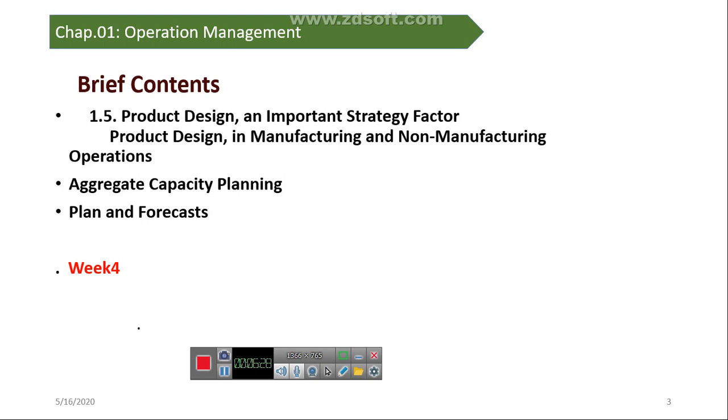Design for environment. Measure design quality. Utilize the quality function deployment. Engage in collaborative design. In the design team, we go for marketing and manufacturing engineering, supplier, dealer, customer, lawyer, accountant, insurance company.